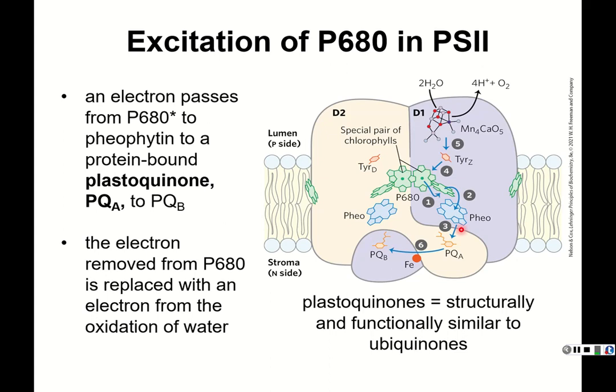So when you get an electron moving from P680, that creates a hole, and that's what gives the driving force for that hole to be filled with electrons from water. You can kind of think of that as like a semiconductor in a way, where you have holes, and those holes act as positive charges, and you need the electrons moving to fill them.